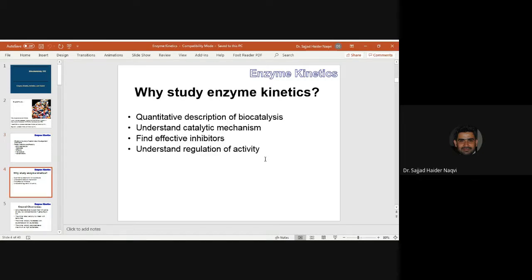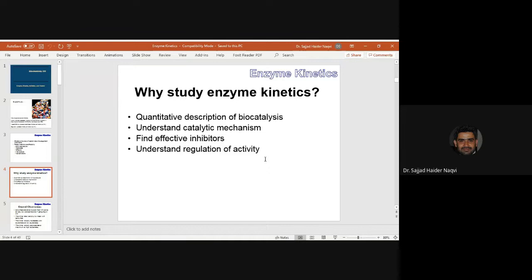Now, the question here is why we study enzyme kinetics. What is the benefit of studying that? There are a few answers to this question. Number one, enzyme kinetics is used for the quantitative description of biocatalysis.